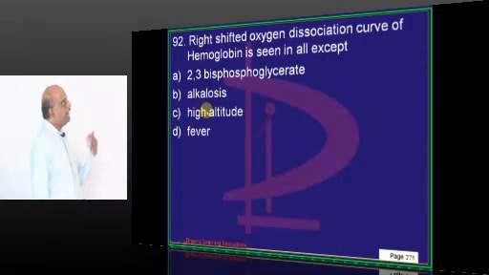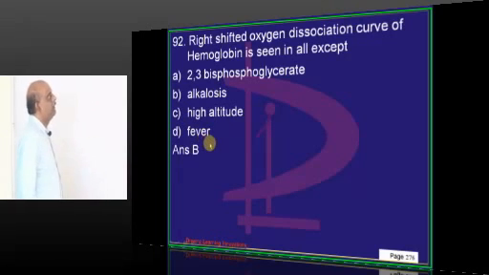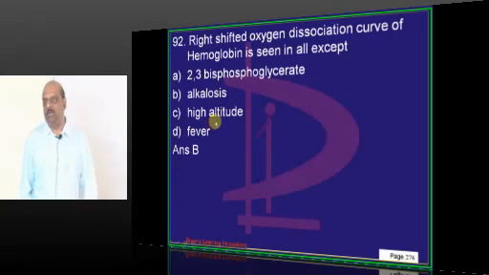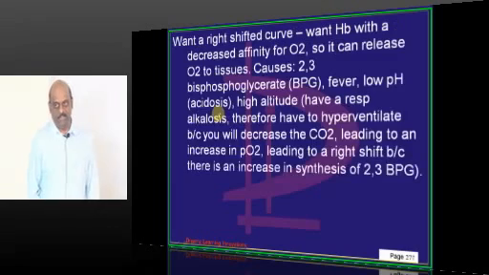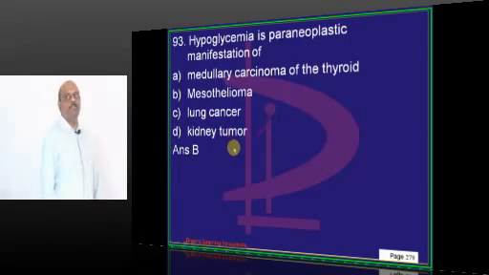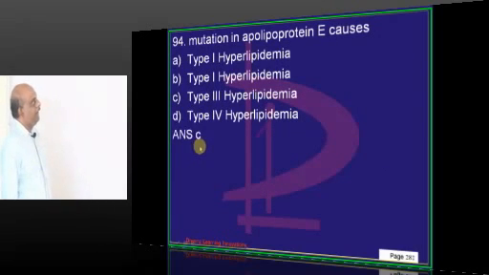Now, the right shifted oxygen dissociation curve of hemoglobin. So you must know what leads to left shift, what is right shifted, what is high affinity, what is low affinity for oxygen, all the factors, you should be 100% sure. Hypoglycemia is a feature of mesothelioma, a paraneoplastic feature.